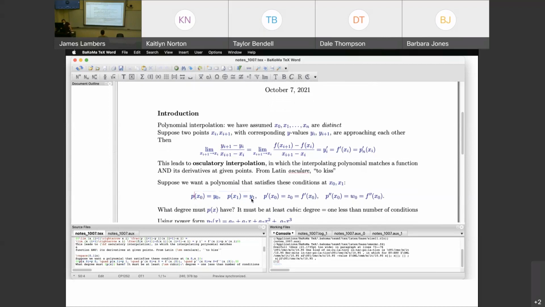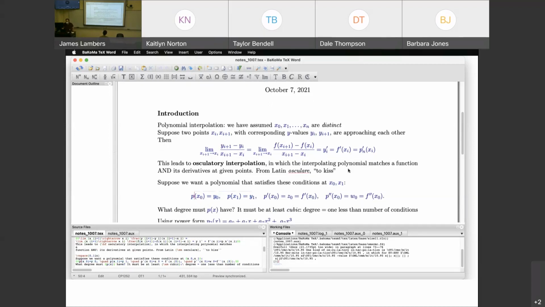But now I have two additional conditions. So p prime only at x0 must equal some given value z0, that's the derivative of f. And then the second derivative at x0 must match this value, that is f double prime at x0.